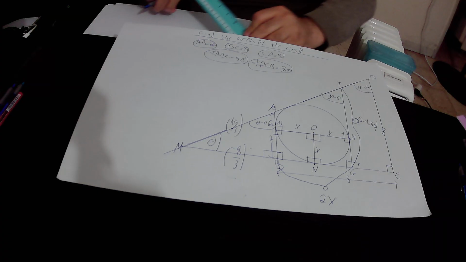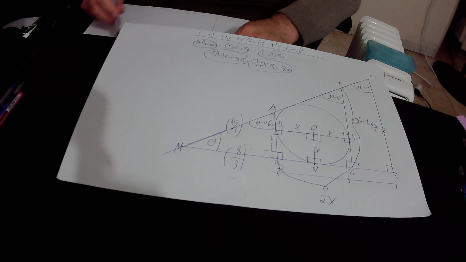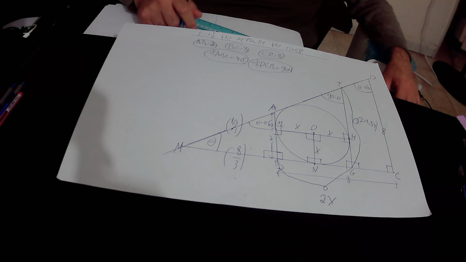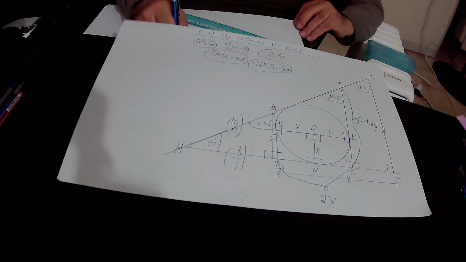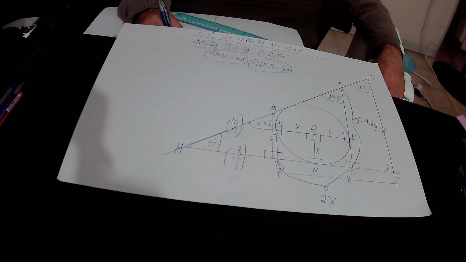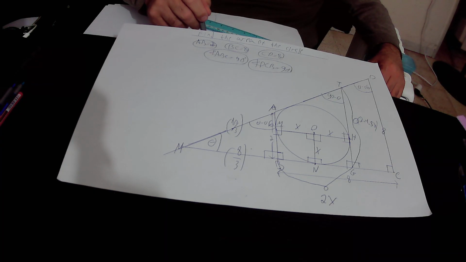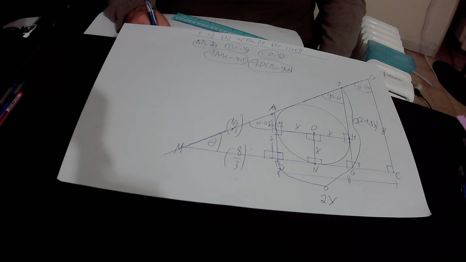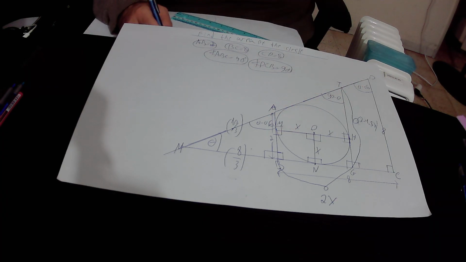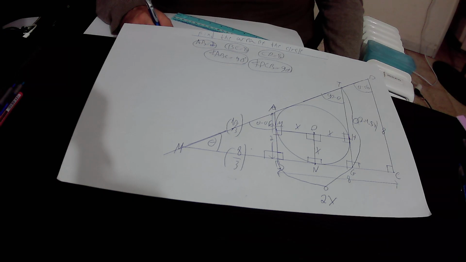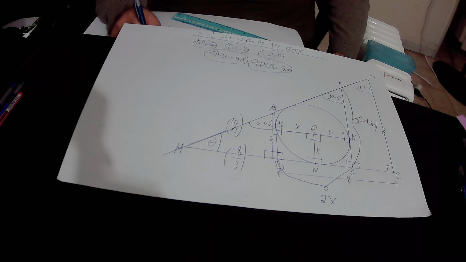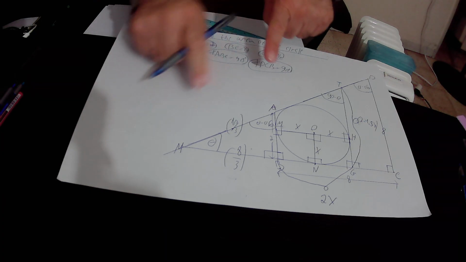We conclude that MG in the big triangle over MB in the small triangle equals TM in the big triangle over AM in the small triangle.